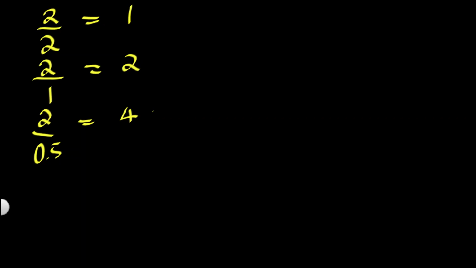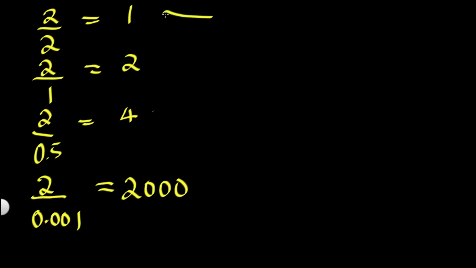Then you divide 2 by 0.001. You get 2000 by dividing 2 by 0.001.